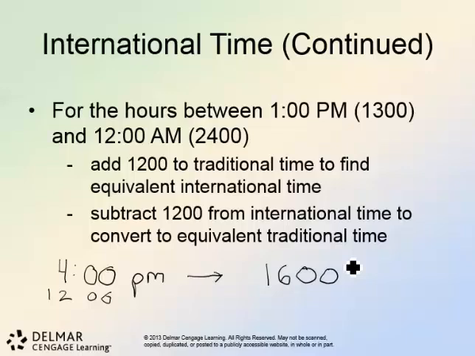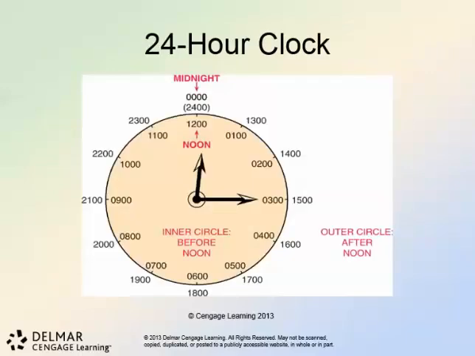Now, one way to visualize the 24-hour clock is with a clock. And you'll notice on the outside, we have the times dealing with the afternoon. So 1300 is like 1 p.m., then 1400 is 2 p.m., 1500 is 3 p.m., and so on.